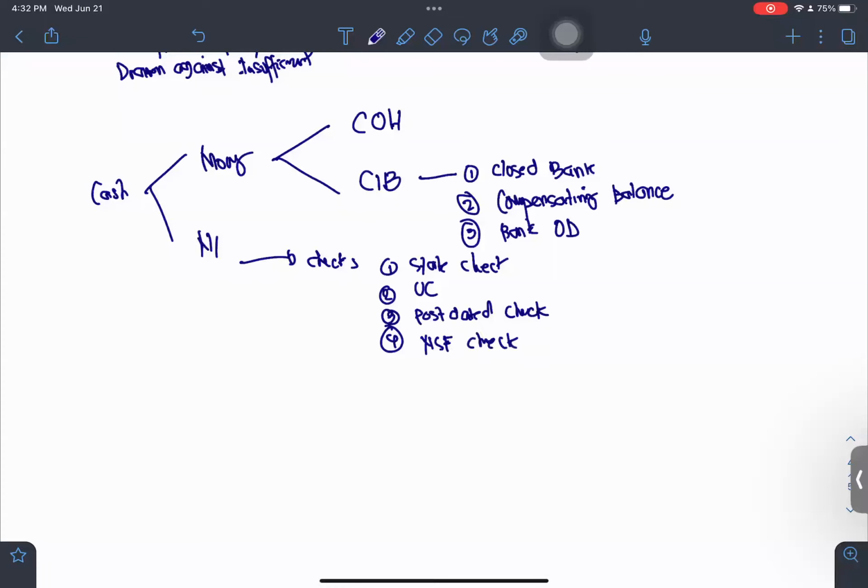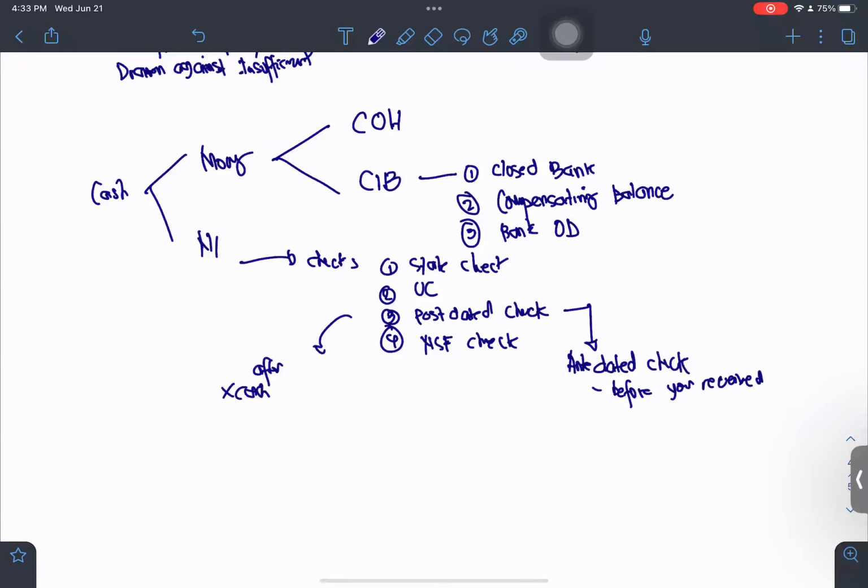If in case there is this so-called antedated check, what is this antedated check? This is a check that is dated even before you receive it. If post-dated is dated after you receive it, therefore it is not part of cash. For antedated check, as long as you receive it, it is already part of your cash.